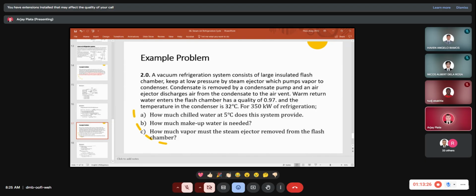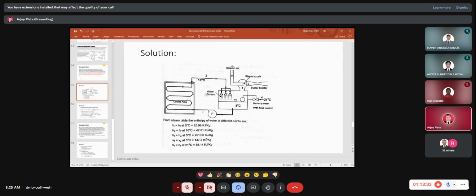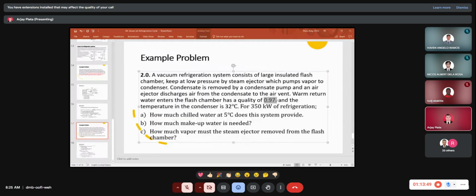Warm return water enters the flash chamber with a quality of 0.97. So sa flash chamber may pumapasok, mataas yung amount ng vapor, and the temperature in the condenser is 32 degrees Celsius.